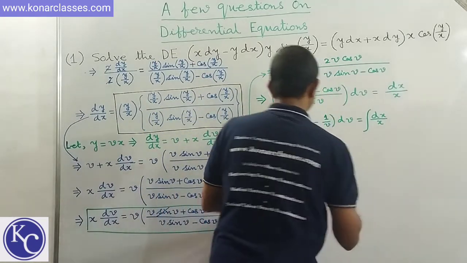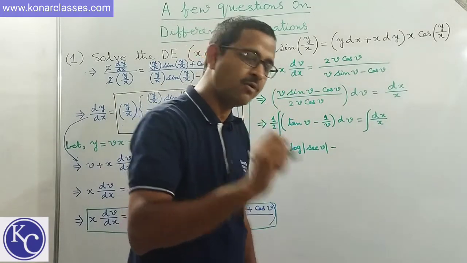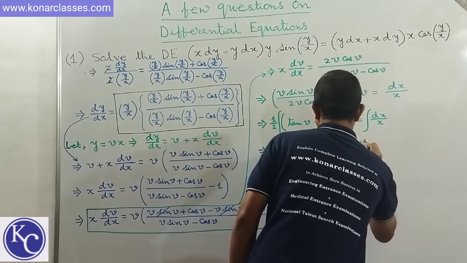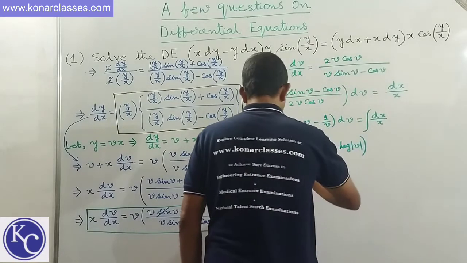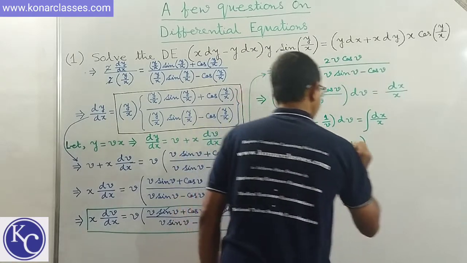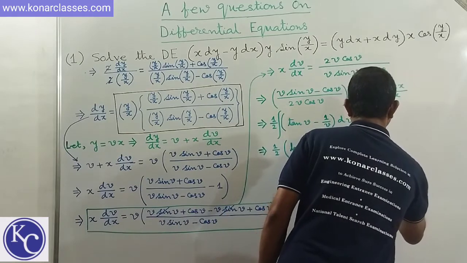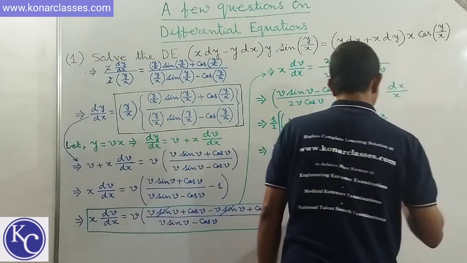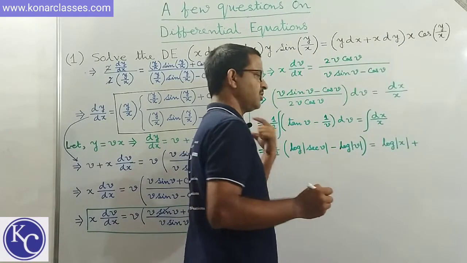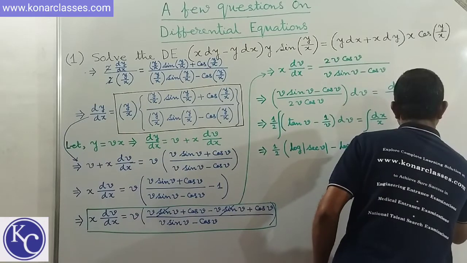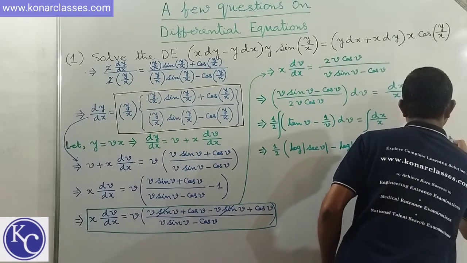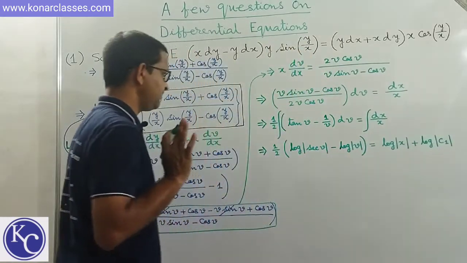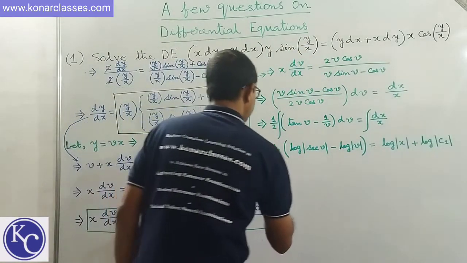Minus integration of dv by v, that is log of mod v. That is equal to log of mod x plus one integrating constant. As everything is in log, let's take that integrating constant also as log of c1, where log c1 is an integrating constant.